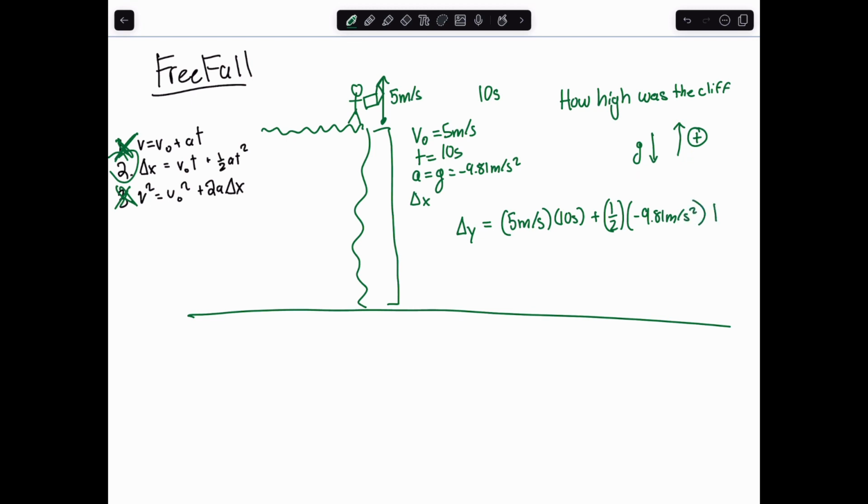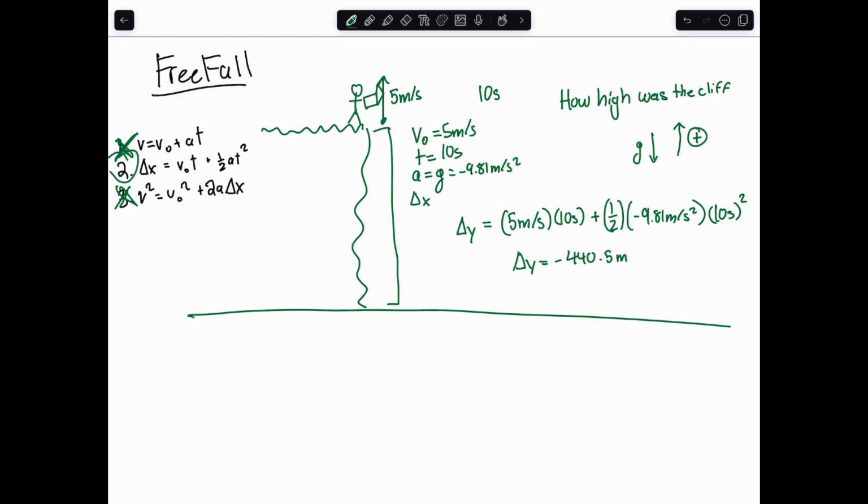So 10 seconds squared. Cool. So now you can take out your handy-dandy calculator, and you find that delta y is negative 440.5 meters.